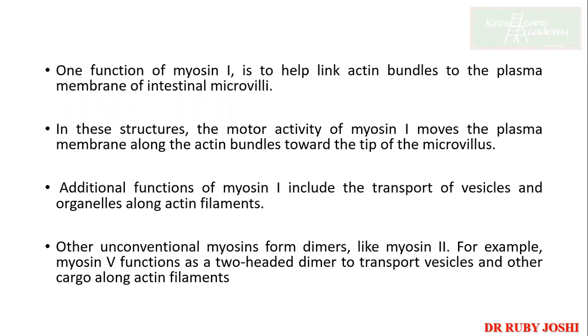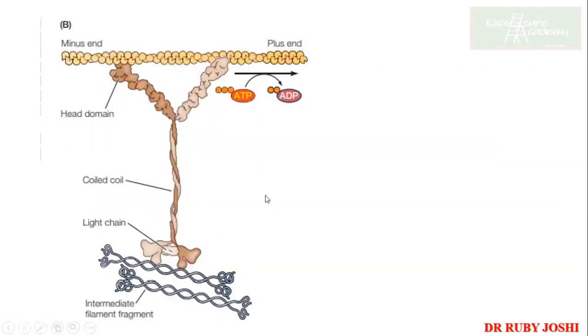There are other unconventional myosins which look similar to myosin 2. For example, myosin 5 functions as a two-headed dimer to transport vesicles and other cargo along the actin filaments. This looks a little similar to your microtubule motor proteins.